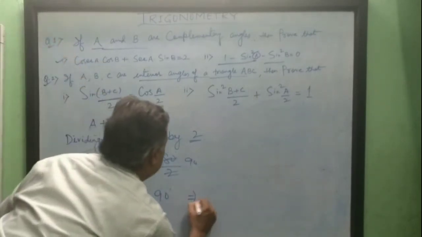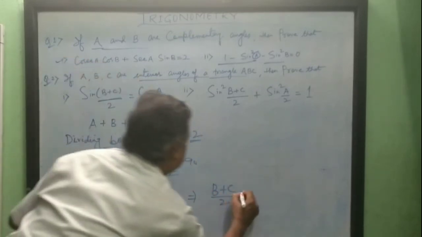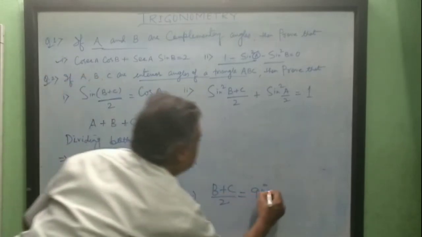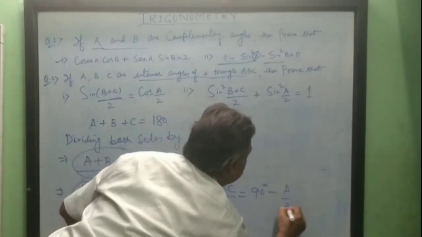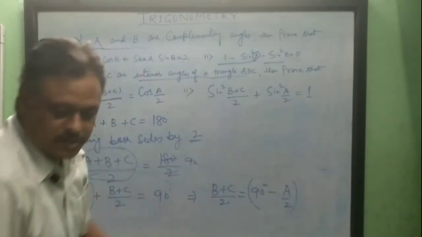So B plus C by 2 can be written as 90 degree, and this part will be shifted this side. So 90 degree minus A by 2. Note down.